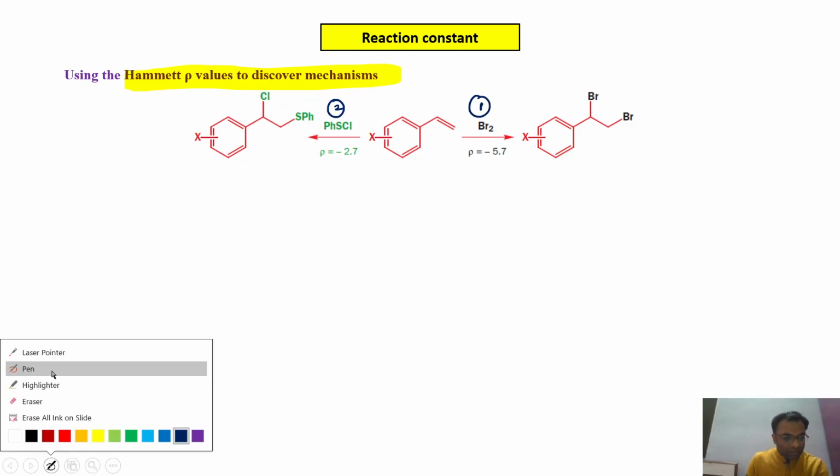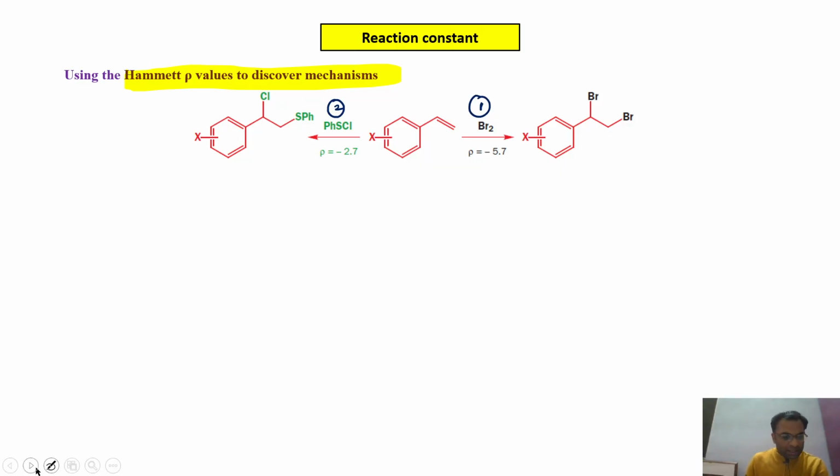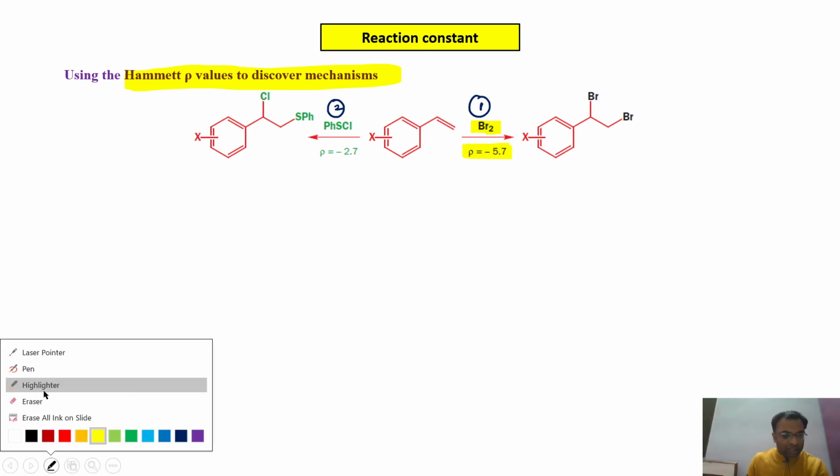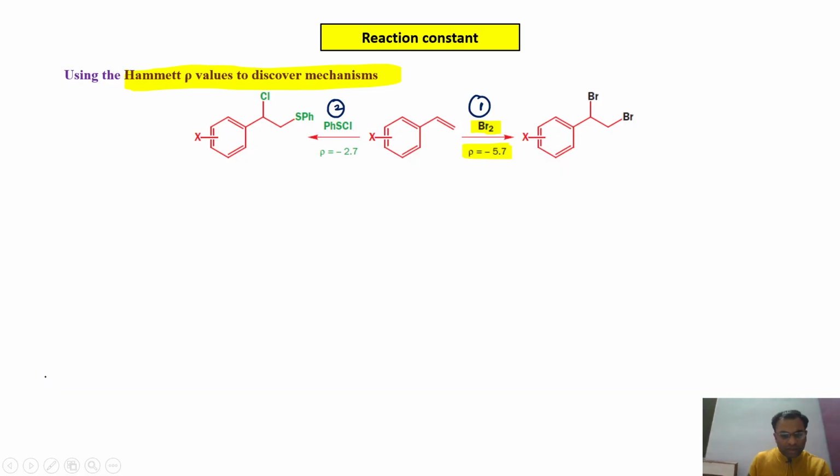The first reaction is a simple bromination reaction, and we have a dibromo derivative. For this reaction, we have a moderate, or you can say large, negative rho value.